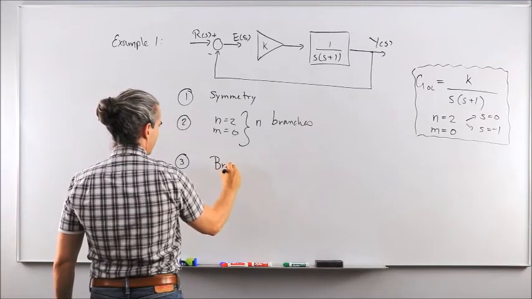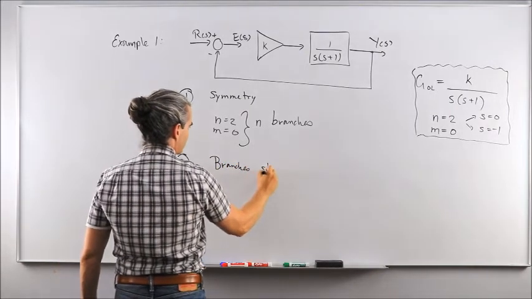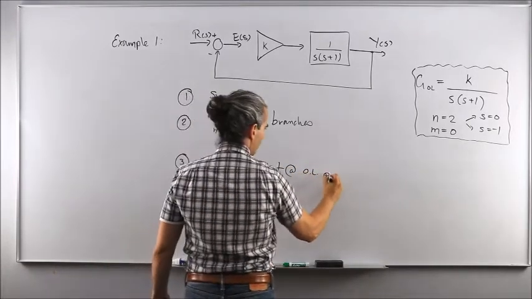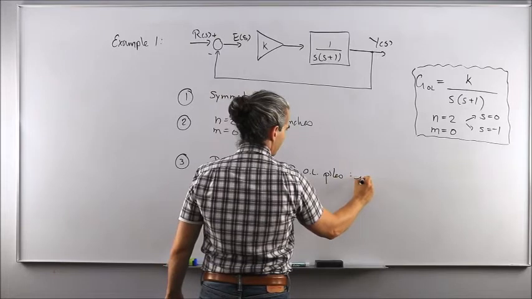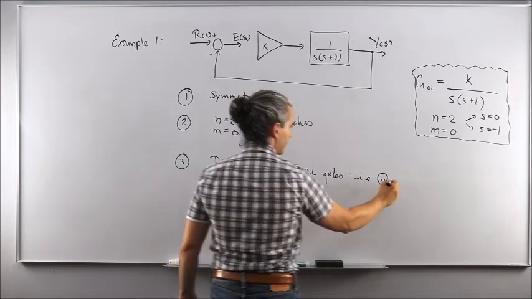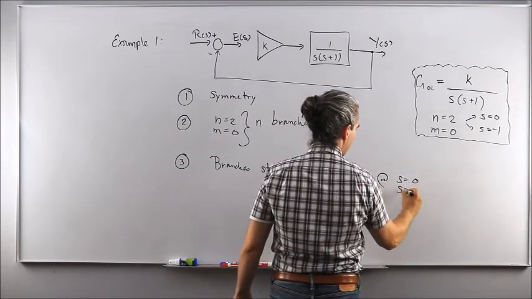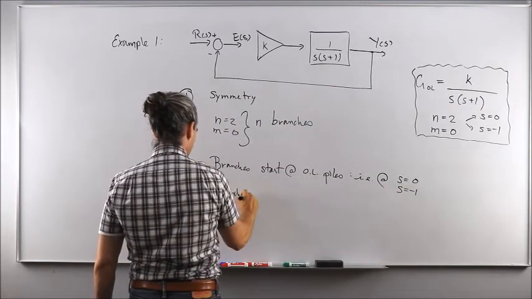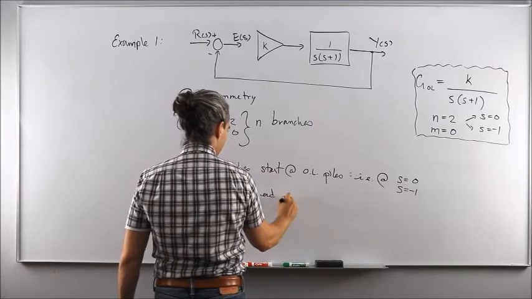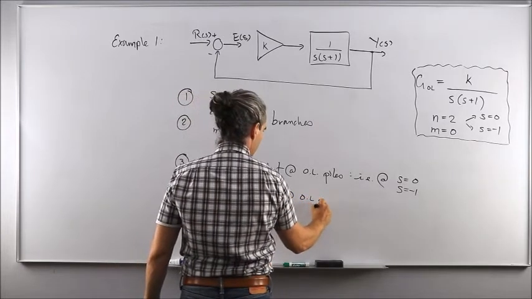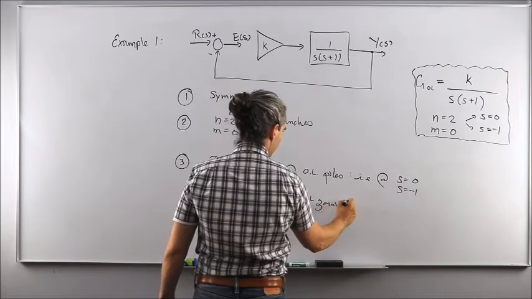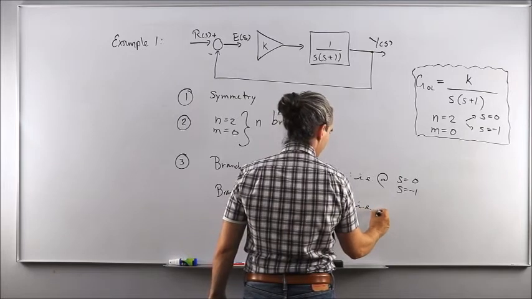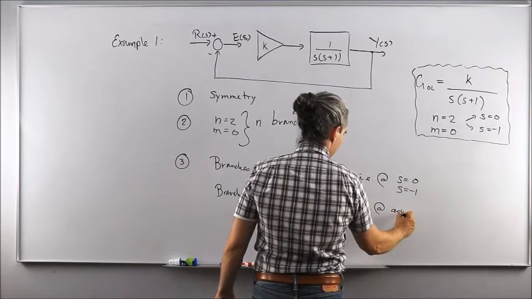So we're going to say that both branches start at open loop poles, i.e. at s equals 0 and at s equals minus 1, and the branches end at open loop zeros. But because we don't have any zeros, we're going to say that they end up along asymptotes.